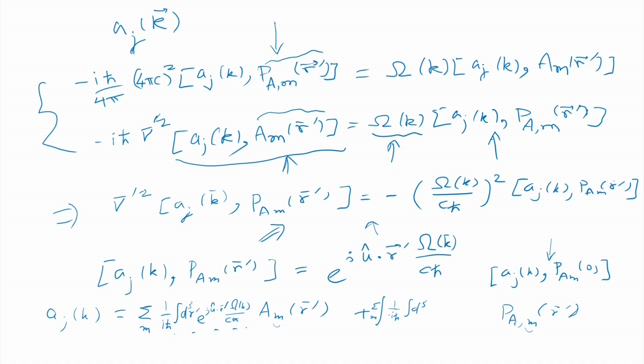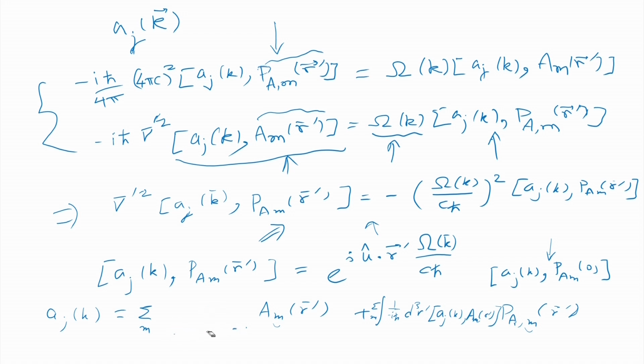Okay, I wrote too many integration signs here. d cubed r prime times the commutator of A_jk and A_m r dash. Okay, I'm jumping the gun. I should have written, first let me write this.